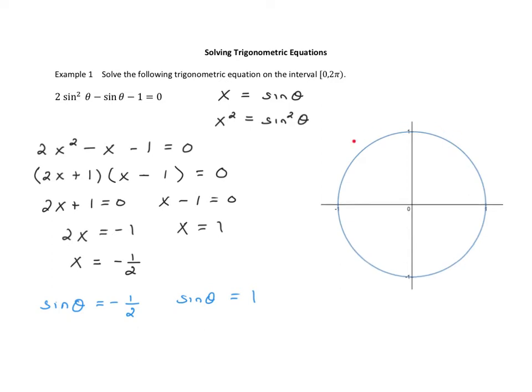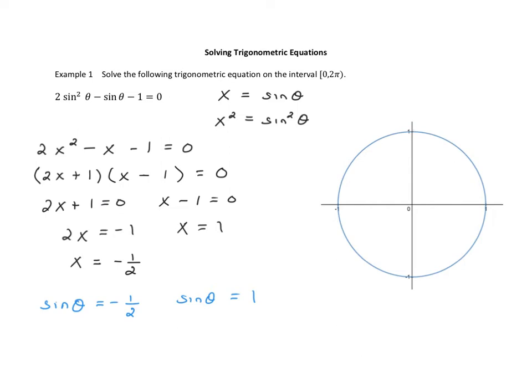Okay, so I've brought in a unit circle as a guide to figure out where these things are true on this interval, as you start and include 0 and rotate once until you get to 2 pi. I guess this one might be the easier of the two. When is sine of theta equal to 1? Sine is the y value on the circle, and when your y value is 1, you're right here.